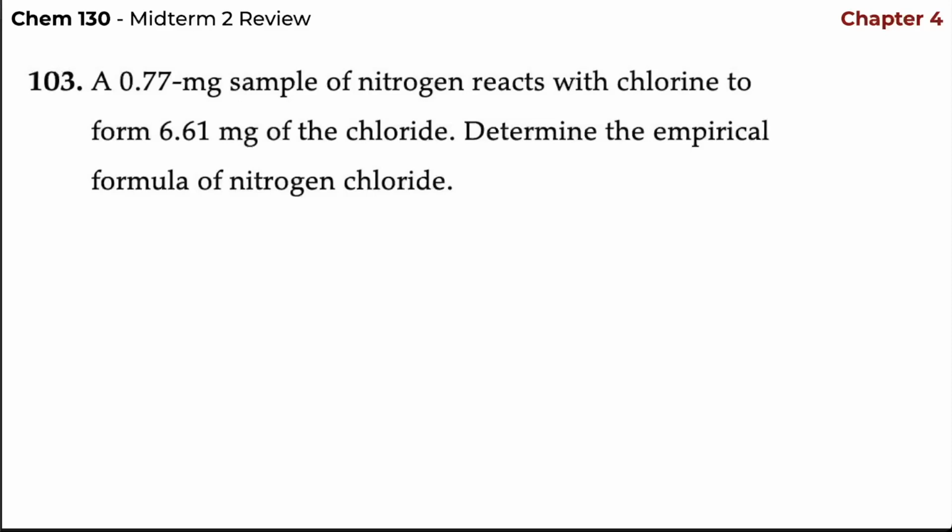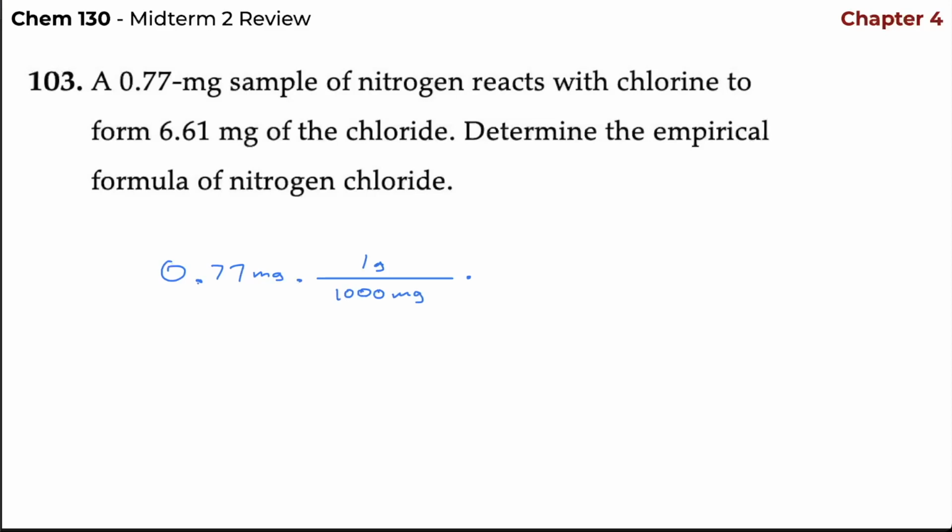Is going to happen. So you take 0.77 of the milligrams, right? You could convert it into grams, but you don't really have to since, well, I guess I'll do it just to be formal. So 1 gram, 1,000 milligrams, right? I'll just get that out of the way. Don't really have to since empirical formula, it's all ratios anyways, right? But let's just do it as a formality.